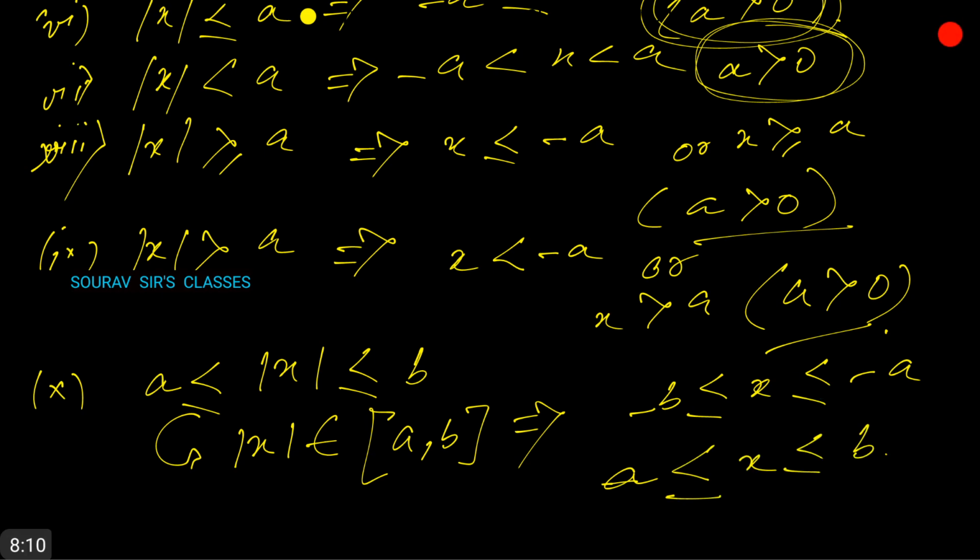Right. So without loss of generality, we have already assumed here, in fact it is given in the condition, that a is less than or equal to b.